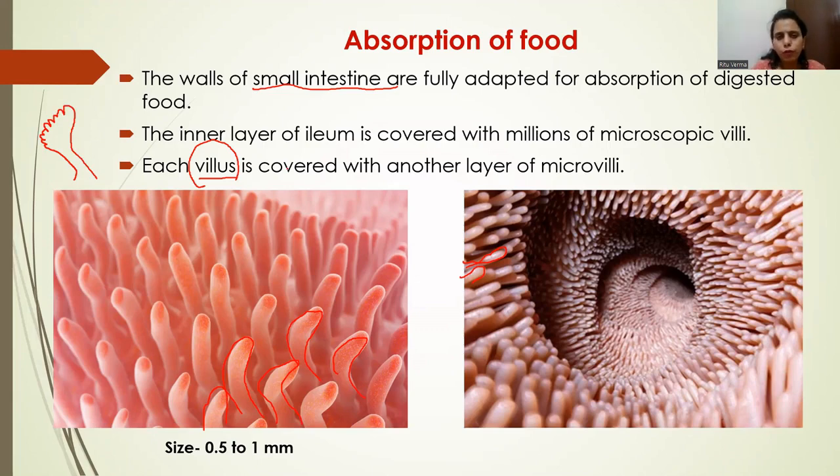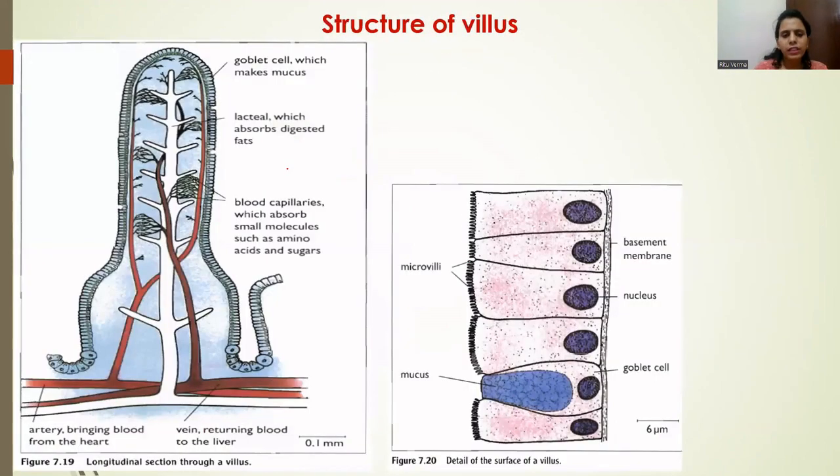Hence the absorption of food becomes much faster in human beings. Why? Because in the inner wall of the ileum or small intestine, millions of microscopic finger-like projections are present, known as villi. And on the top of each villus we still have microvilli, which further increase the surface area for absorption of digested food.